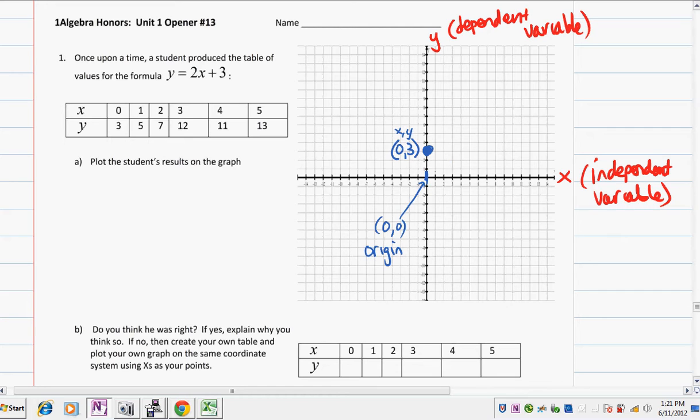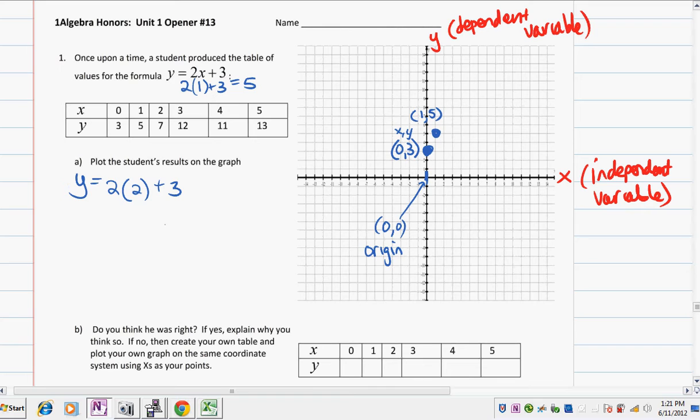Likewise, when I move 1 to the right, when I plug in 1, I have 2 times 1 plus 3, which is 5. So when I move 1 to the right, I have to go up 5. And that ordered pair is 1, 5. What about 2? Well, plugging in for x is 2 times 2 plus 3. I'm just substituting here for x to find my y.